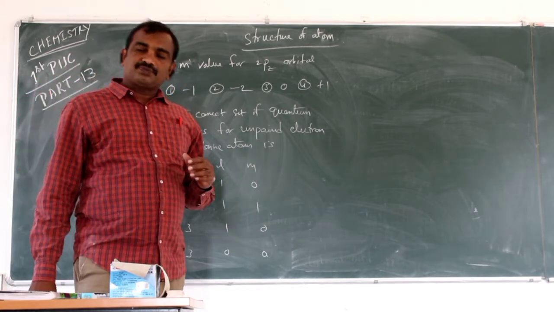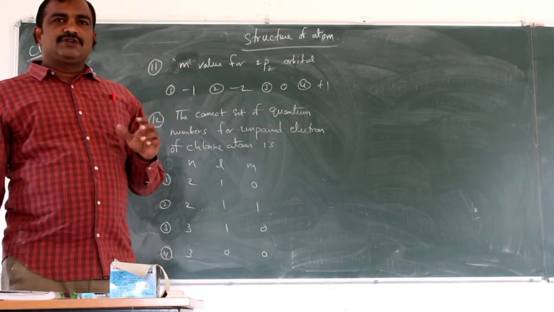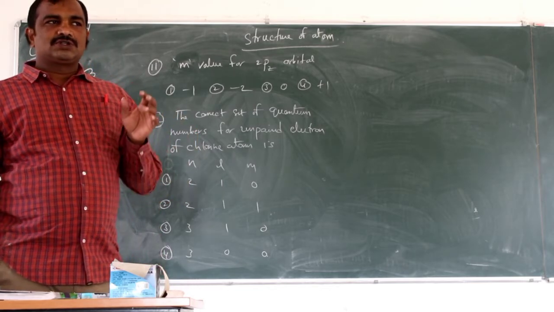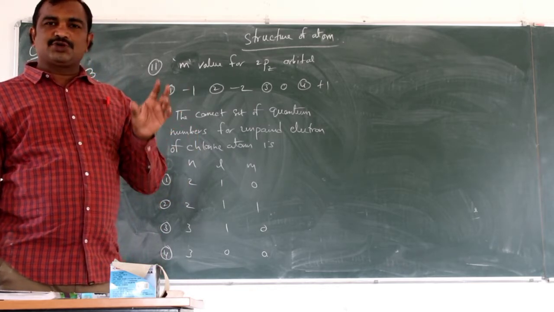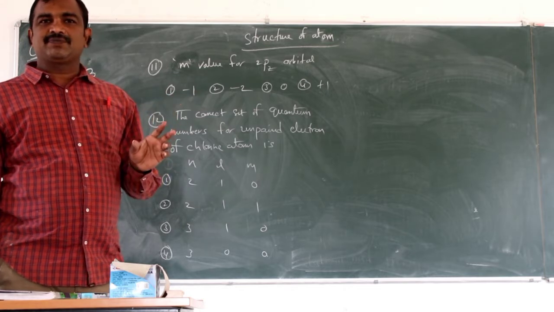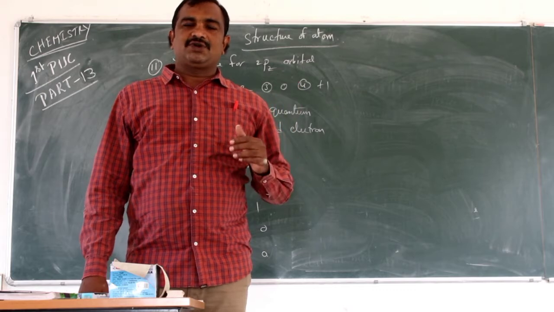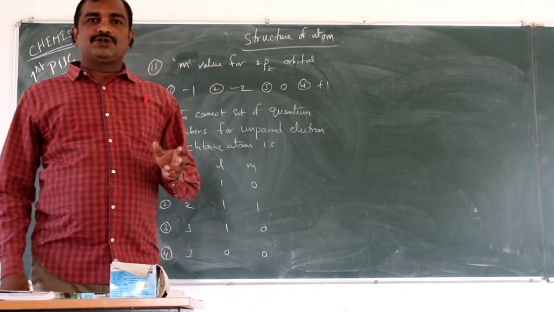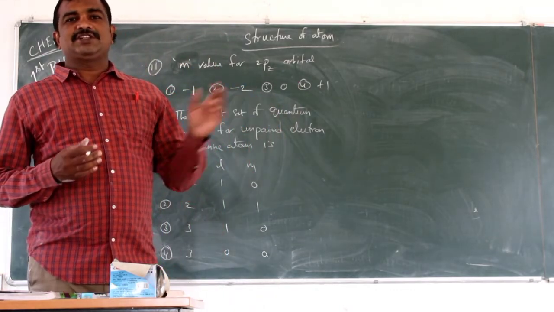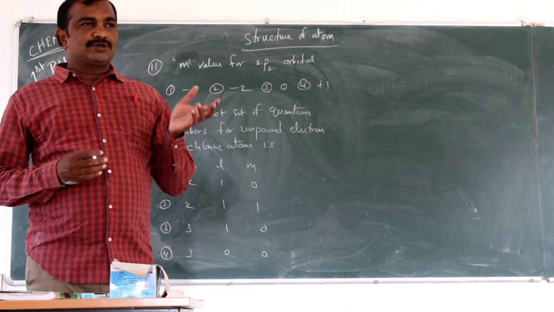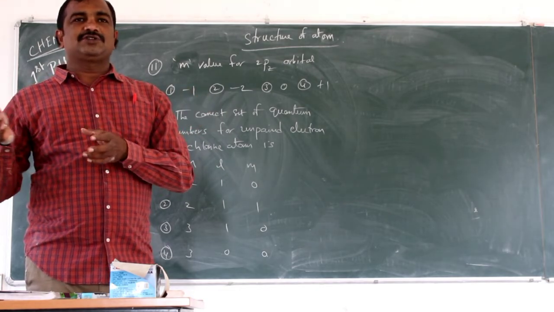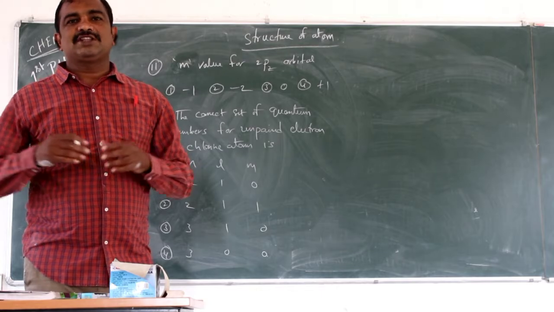If there is any problem, first read the question and write what is given there. After that, identify what you have to calculate, and what formula is needed to calculate that. Substitute the given values in that formula, then you will get the answer.